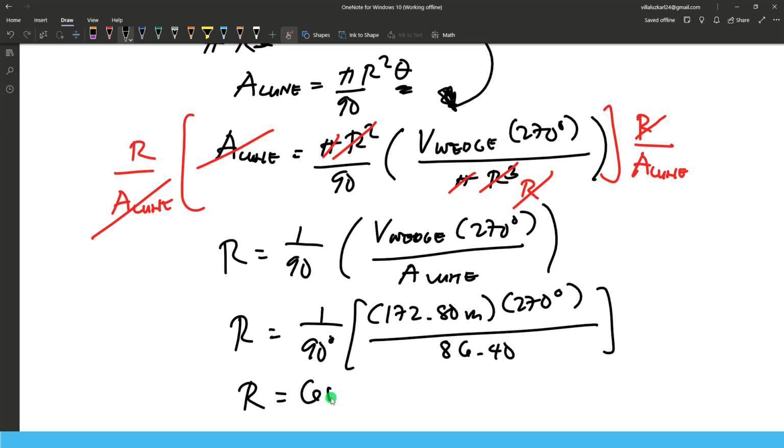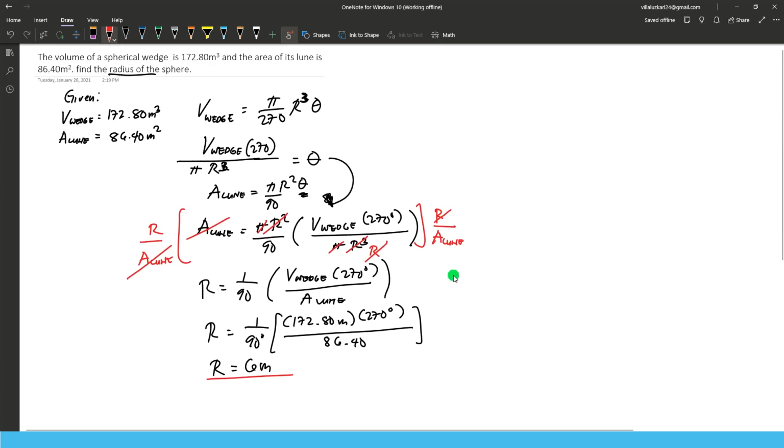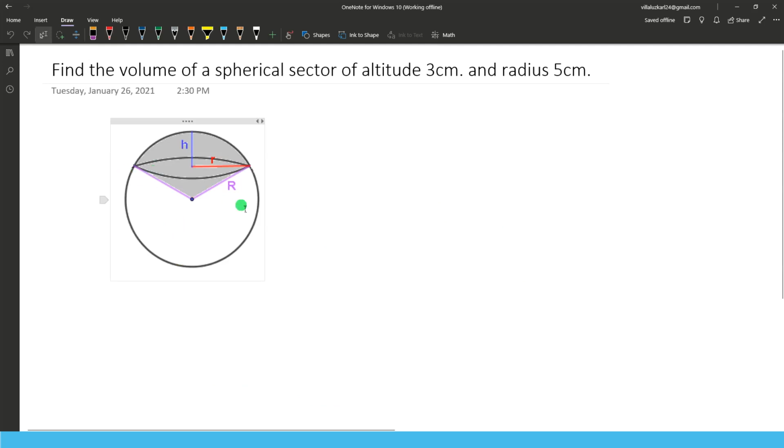Multiplying all that, we have an answer of 6 meters for the radius of the sphere. So that's the solution. Next problem. Find the volume of a spherical sector of altitude 3 centimeters and radius of 5 centimeters.